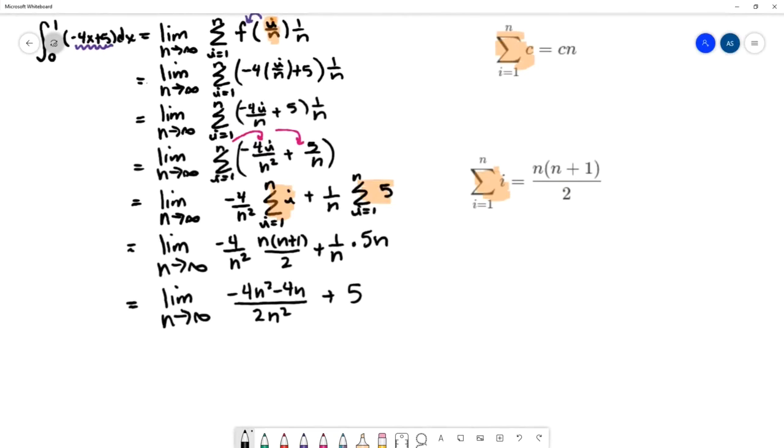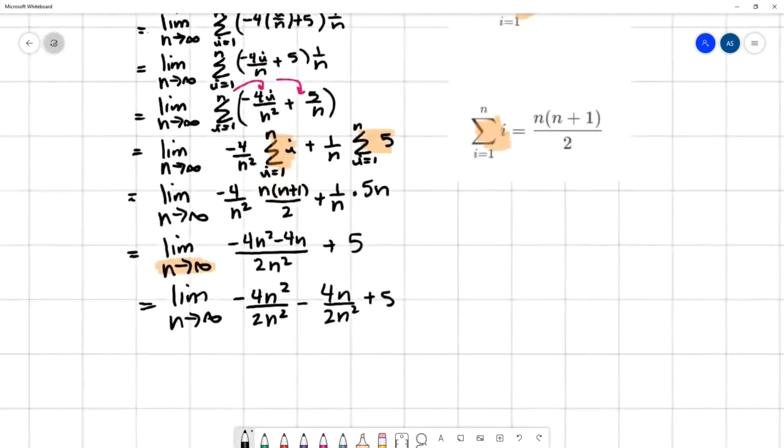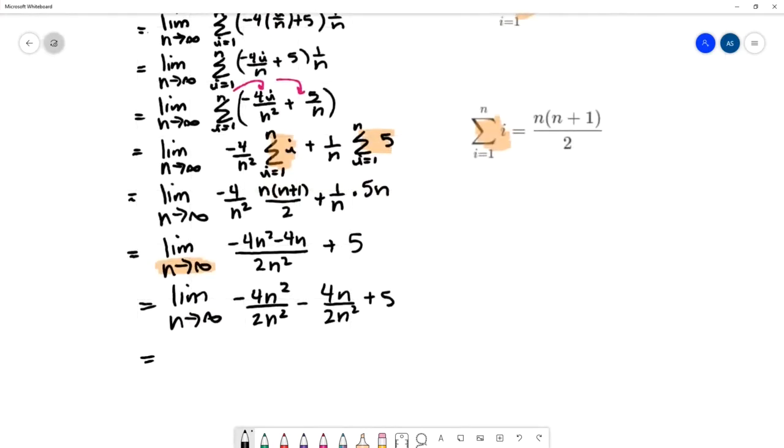So when we're applying the limit on this, we have a limit approaching infinity. n is approaching infinity. So I can use a strategy of breaking up this into separate fractions. That would be negative 4n squared over 2n squared minus 4n over 2n squared plus 5. Those n squareds cancel out.